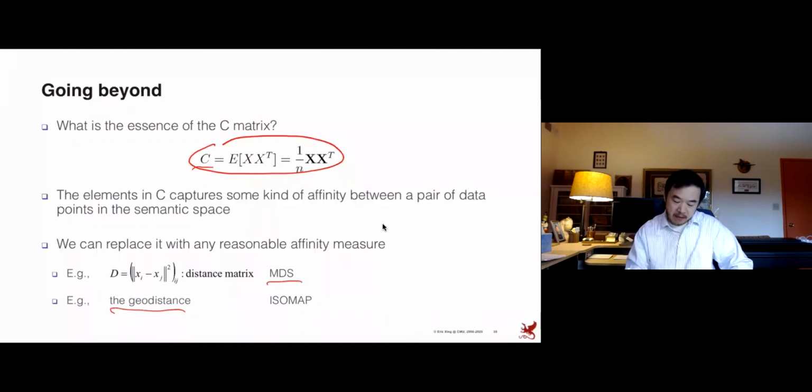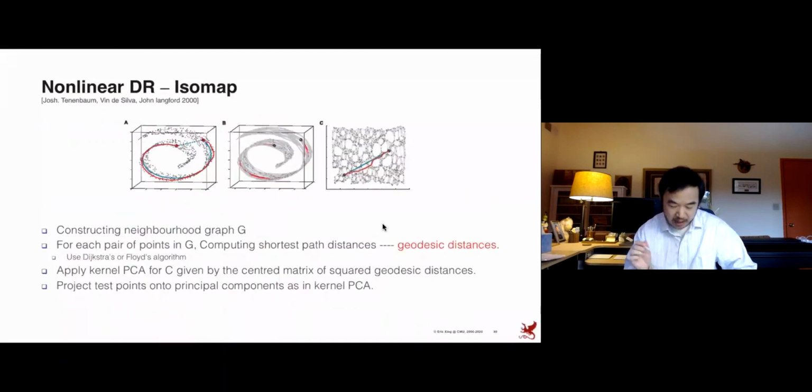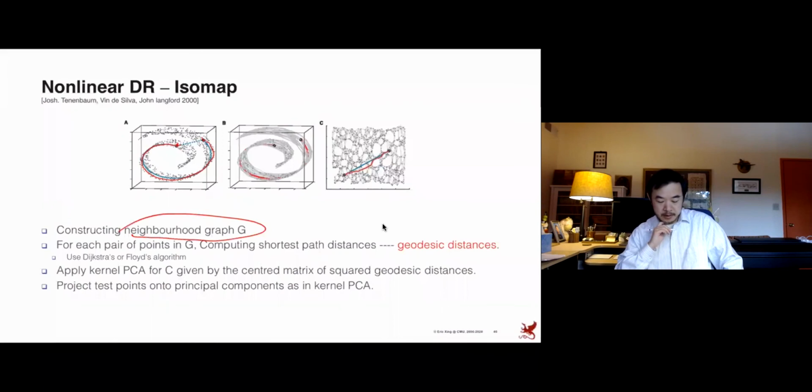For example, after computing the pairwise distances between points, do I have a graph? Yeah, I have a graph here, right? Suppose I give you these data points, you can compute a graph, called a neighborhood graph, based on all the pairwise distances between data points, okay?